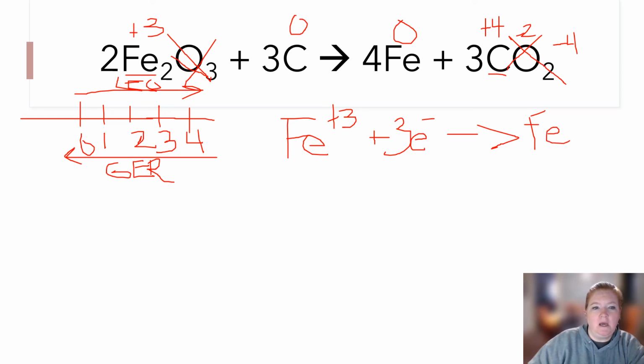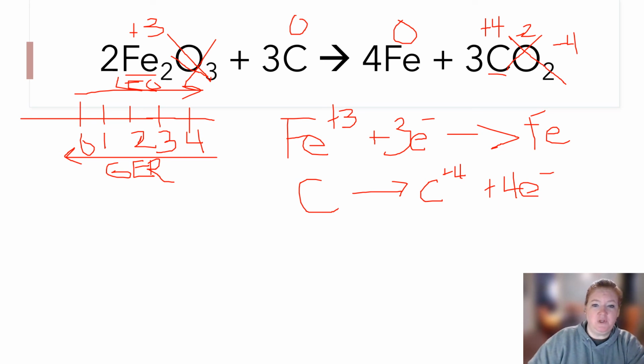All right. Now let's look at carbon. Carbon started with 0 and it went to +4. So it goes this way. So carbon +4, and that's 4 electrons.